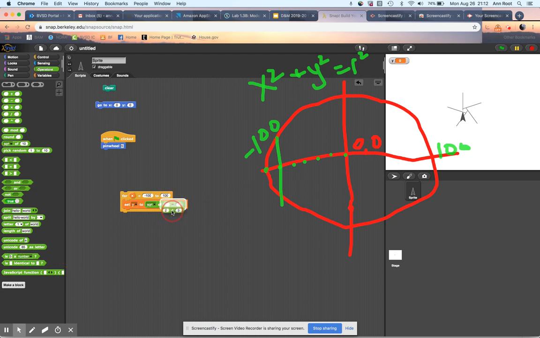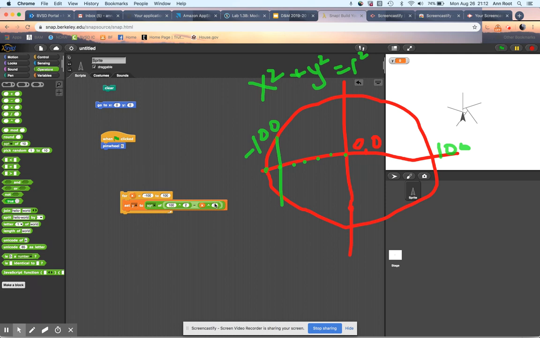Okay, so it's going to be power of, well, I know my radius is going to be 100, so I'm going to go 100 squared minus my power of, well, I want x. So I'm going to take x down to here, also squared.